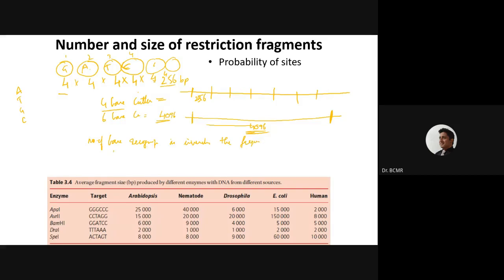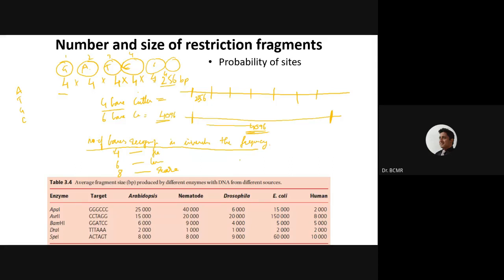If you have a smaller 4-base cutter, you're finding it highly frequent. If you have 6, less frequent. If you have 8, it is almost rare. Okay, so that's what I meant. Number of bases recognized is inversely proportional to frequency.